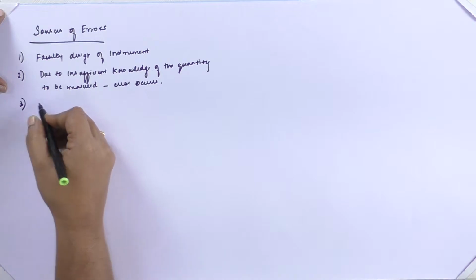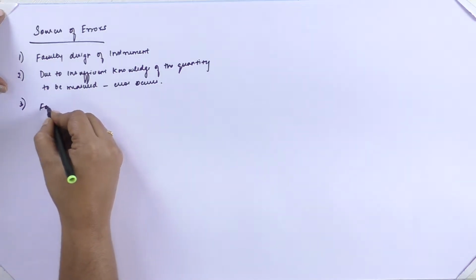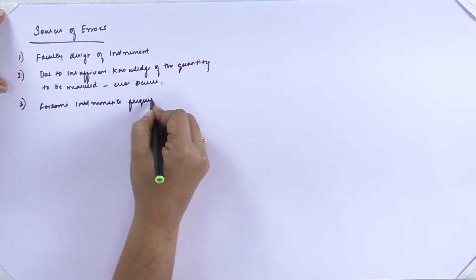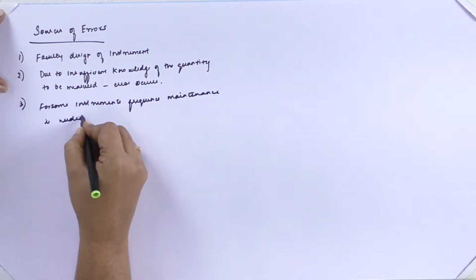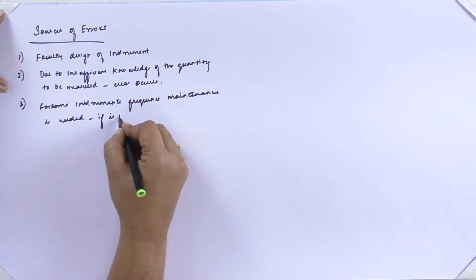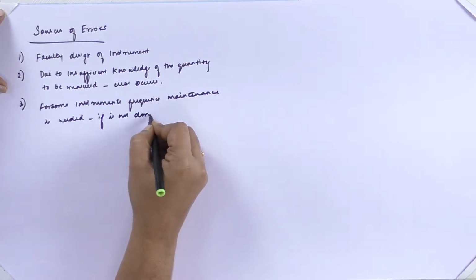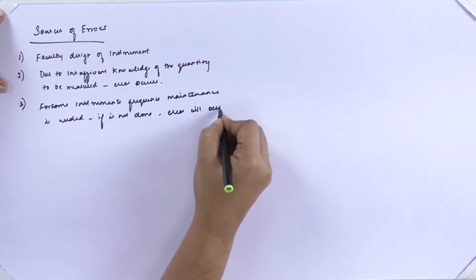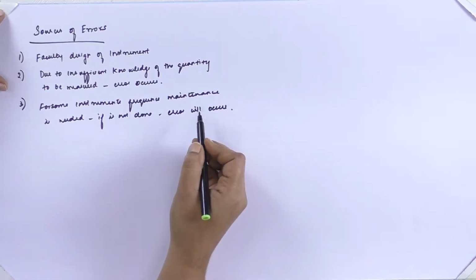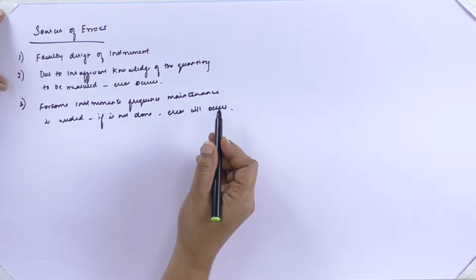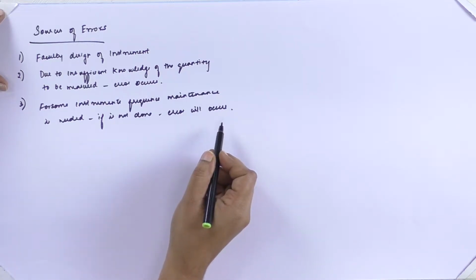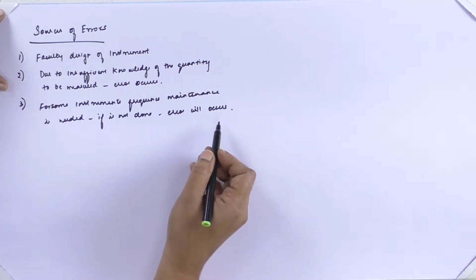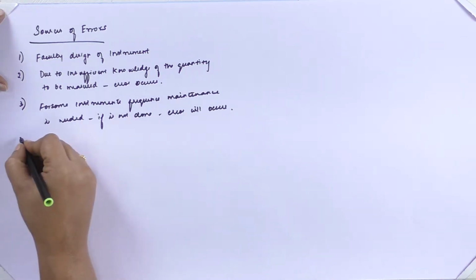The third one is, for some instruments, frequent maintenance is needed. If it is not done, error will occur. Some instruments require frequent maintenance so that error will not occur in that instrument. If it is not frequently maintained, then error will occur. It is a cause for error.